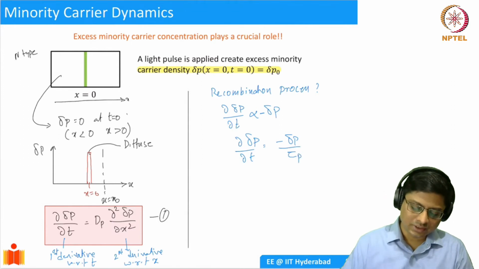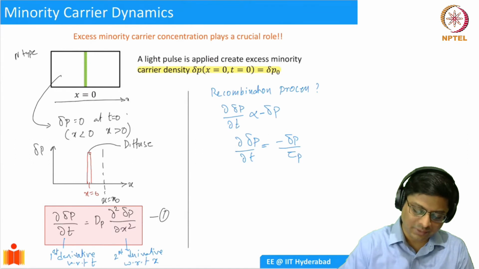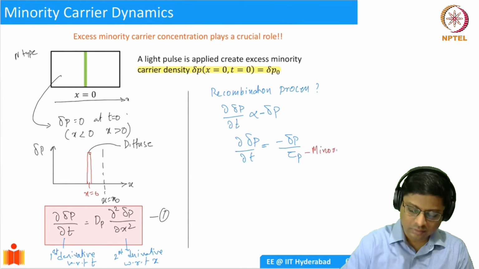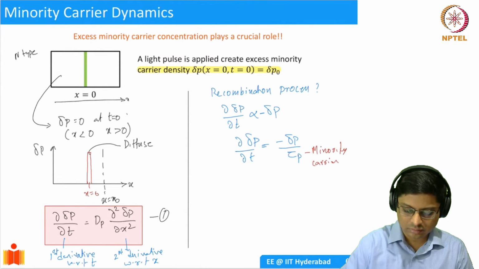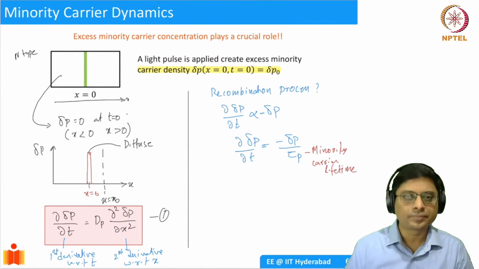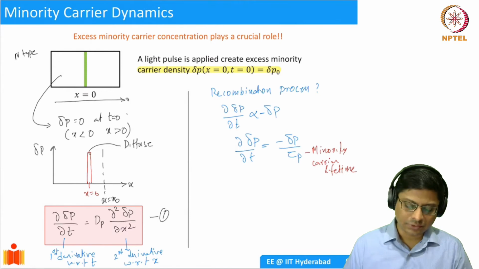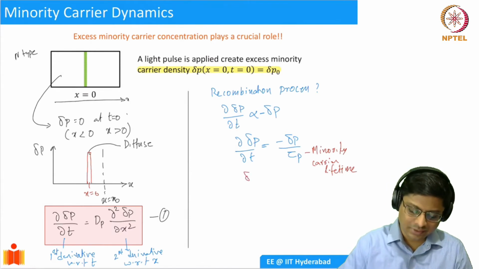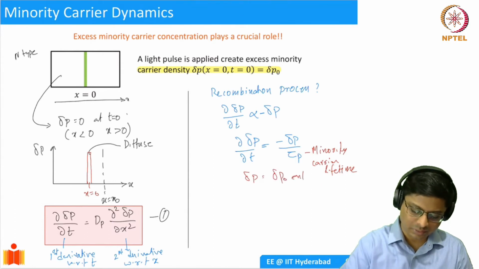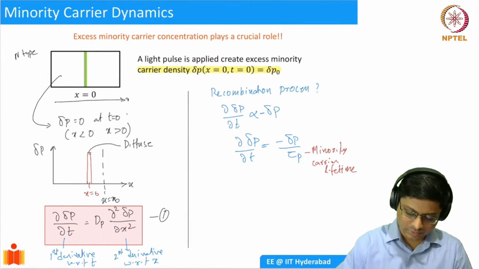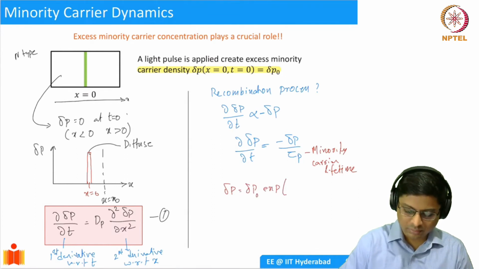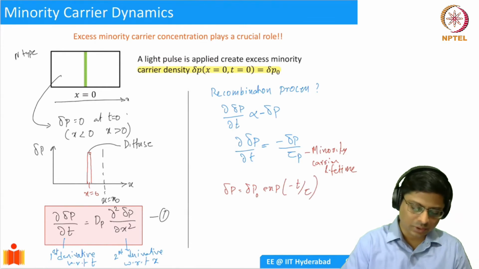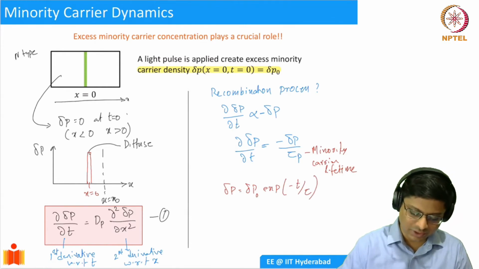So what I'm trying to say is this proportionality constant, which I call the minority carrier lifetime, and if you solve this, you will see that delta p is going to be delta p naught exponential minus t by tau. So that's why I wrote in one of the previous slides that this is basically an exponential decay.